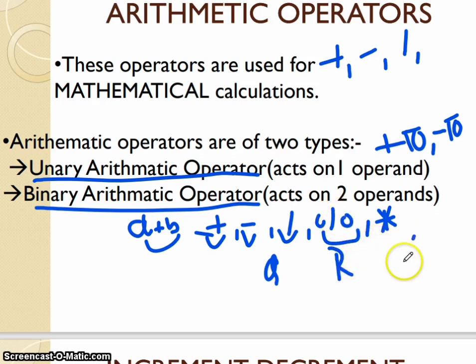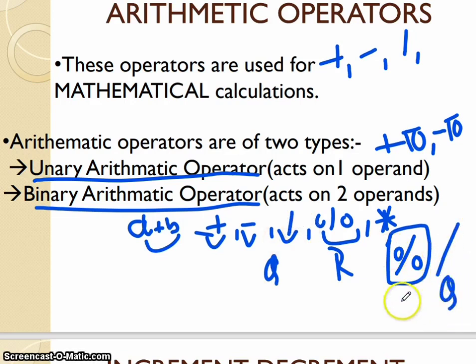Modulus operator is represented by the percent sign, like this. This is the modulus operator. It gives the remainder, and division operator gives the quotient. Multiplication operator is a star. It multiplies two numbers.